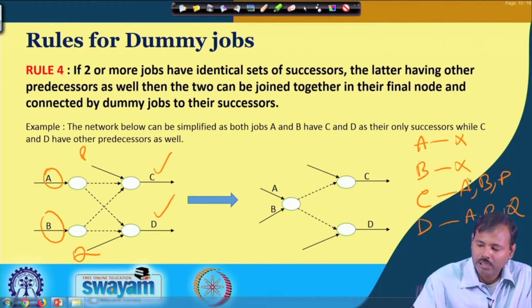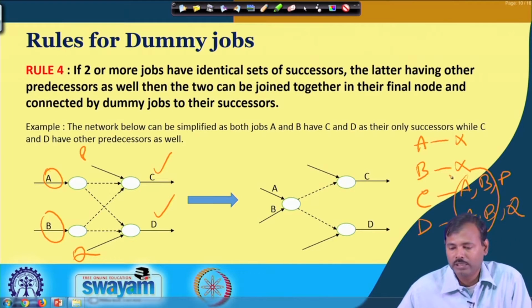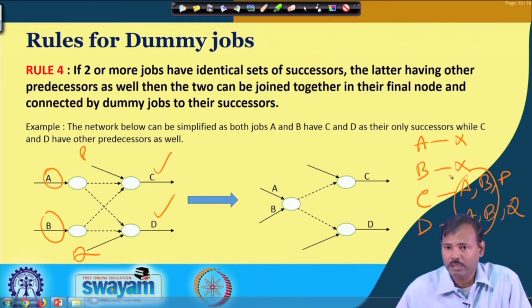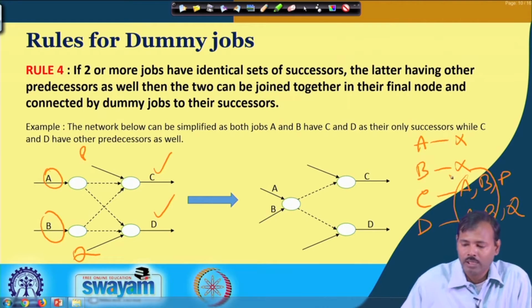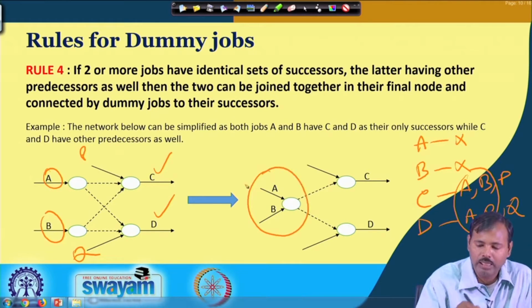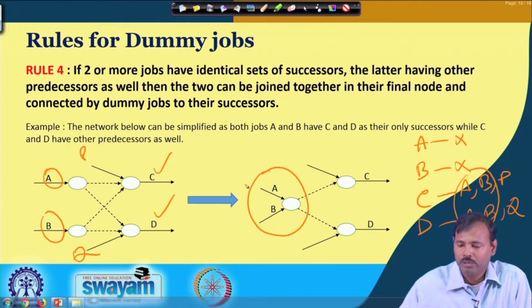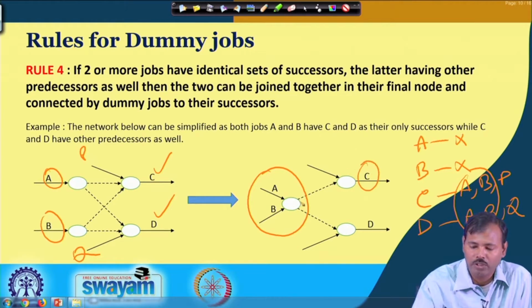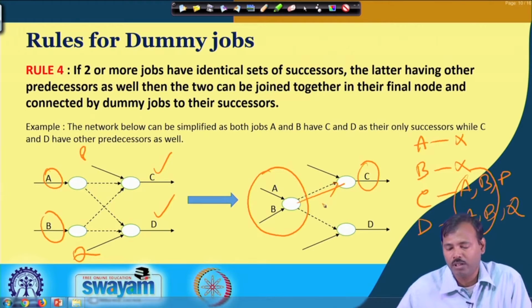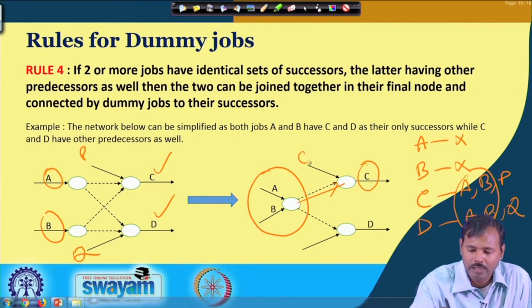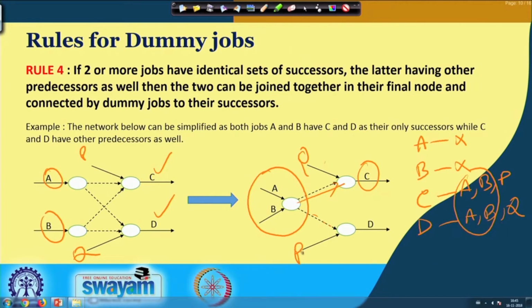A and B are the common predecessors always for all the activities for which they are required. So, we are combining A and B at this point and we allow C to have the combined precedence through this dummy of A and B and the precedence of this job P also, and D is having the combined precedence of A and B through this dummy along with the precedence of Q also.